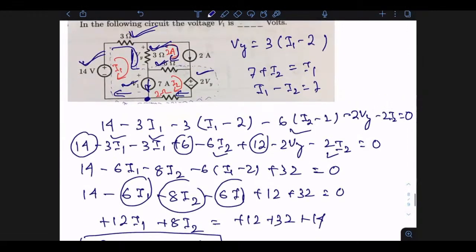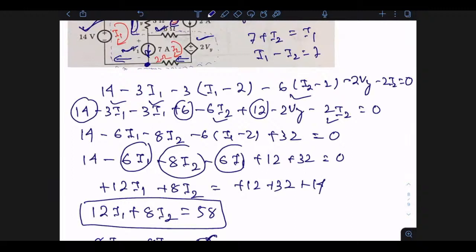Let me check the calculation again. 14 minus 3I1 minus 3 into I1 minus 2 minus 6 into I2 minus 2, minus 2 psi minus 2I2. Fine. 14 minus 3I1 minus 3I1, plus 6 minus 6I2 plus 12 minus 2 psi minus 20 equal to 0.